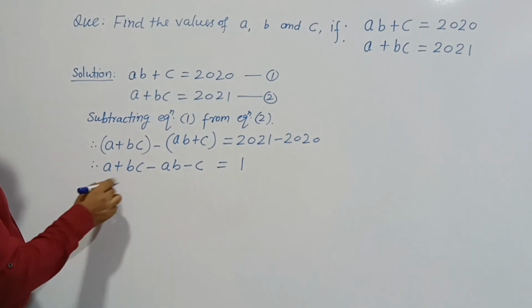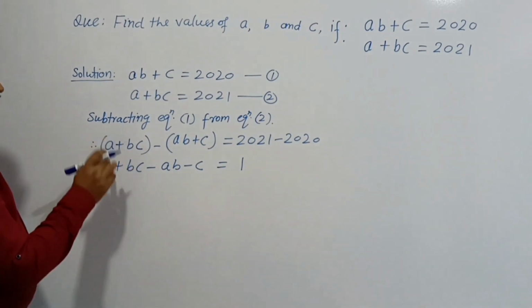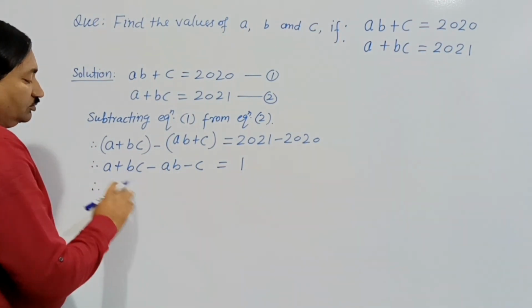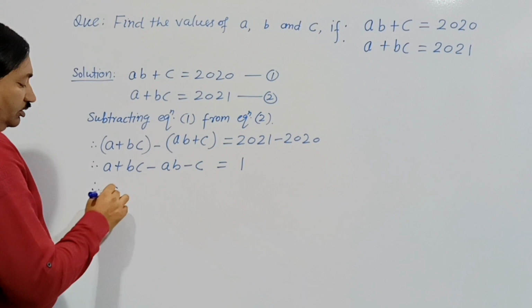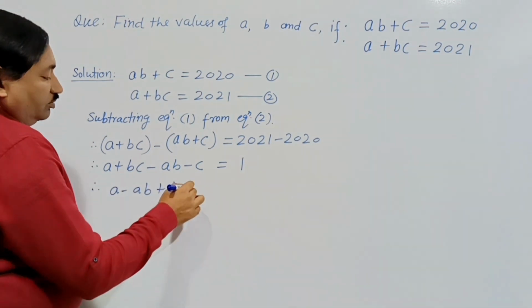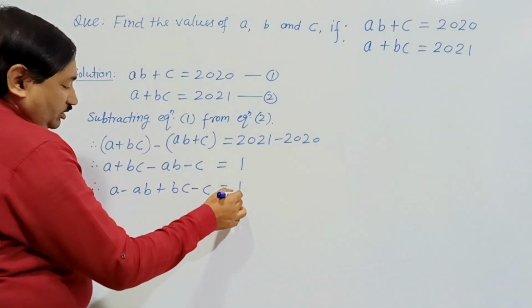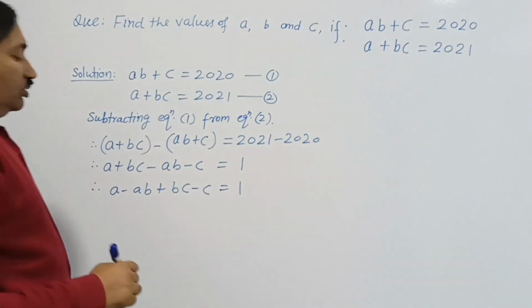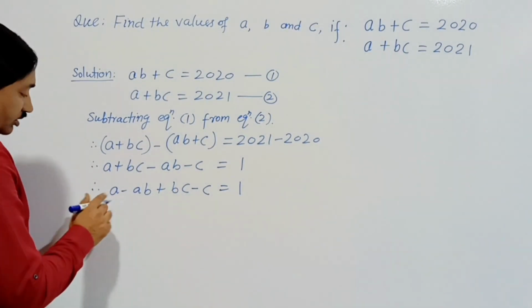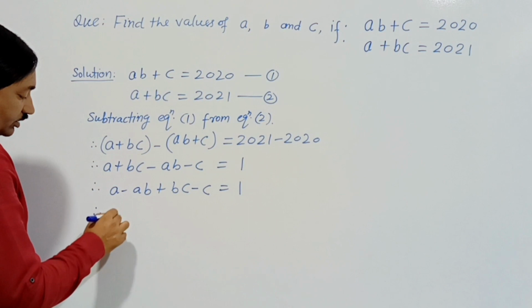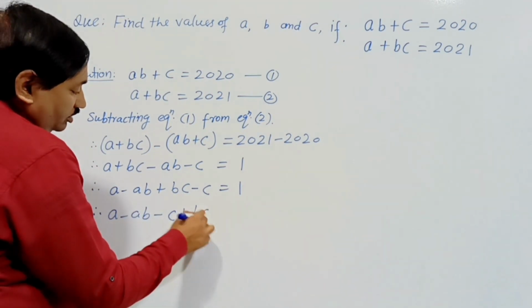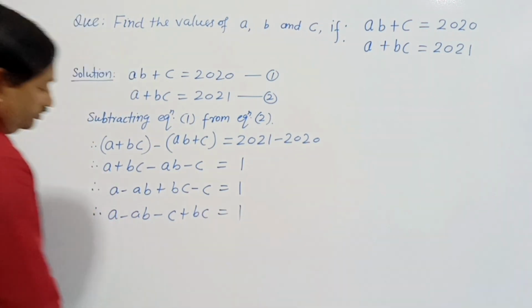Now it can be written as A, BC and AB: A minus AB plus BC minus C equals 1. Rearranging, A minus AB minus C plus BC equals 1.